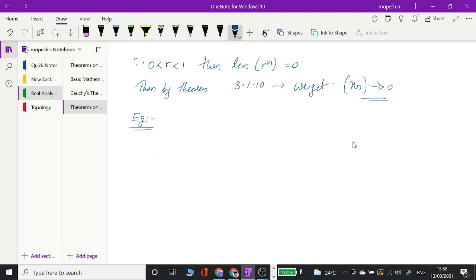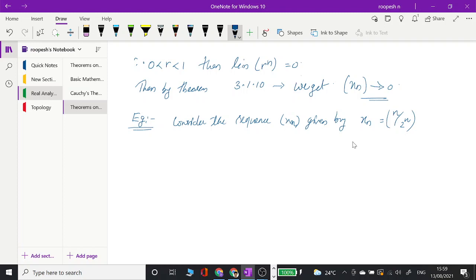Consider the sequence xn given by xn equal to n by 2 raised to n.